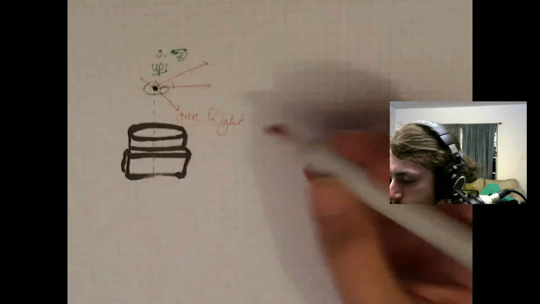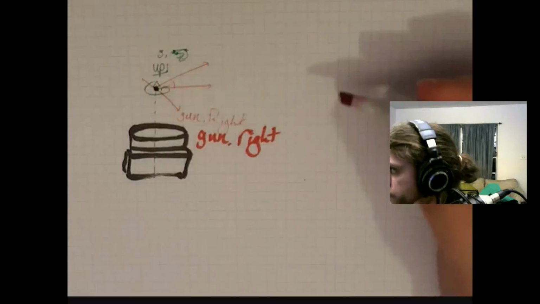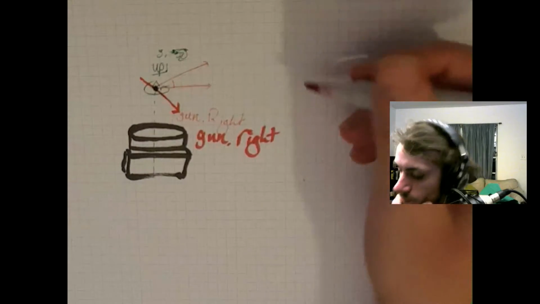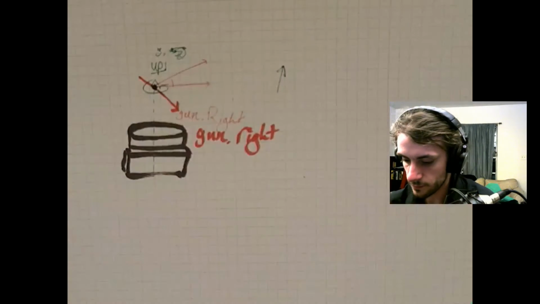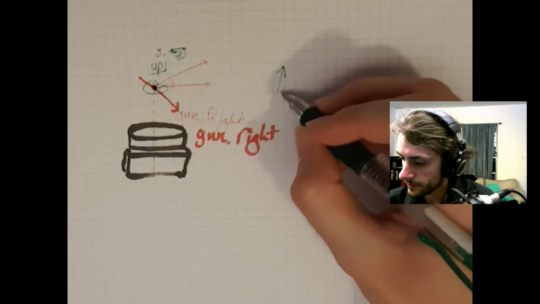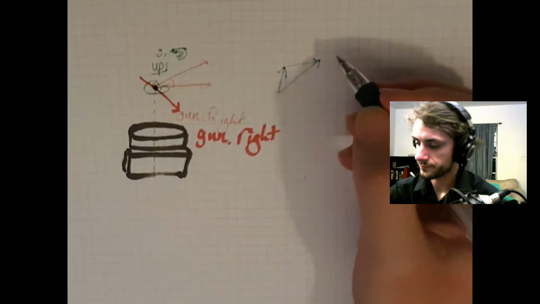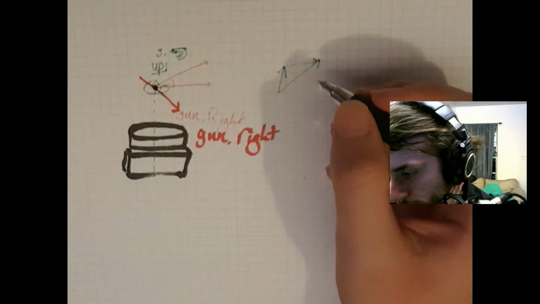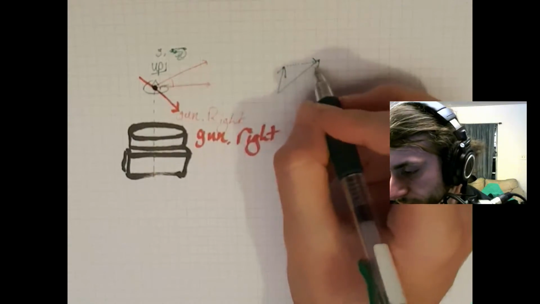They're so nice. So we're gonna have the gun's forward, and then we're gonna have a target, and then the vector directed from aim direction to target is going to be target minus aim direction.